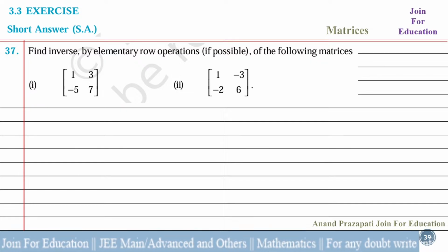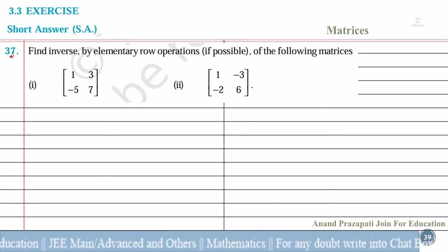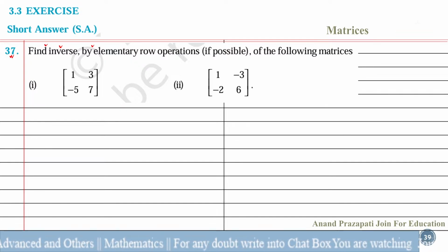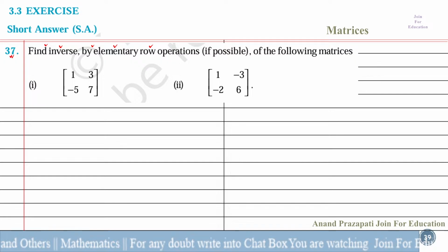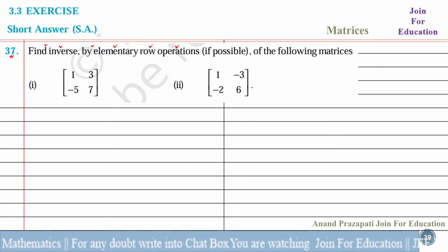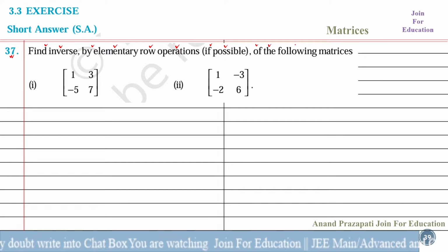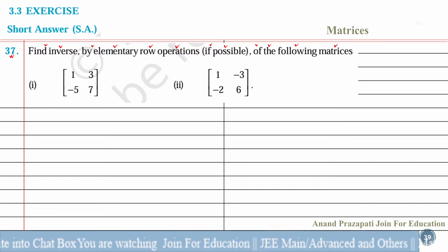Let's see question number 37. Find the inverse by elementary row operations, if possible, of the following matrices.